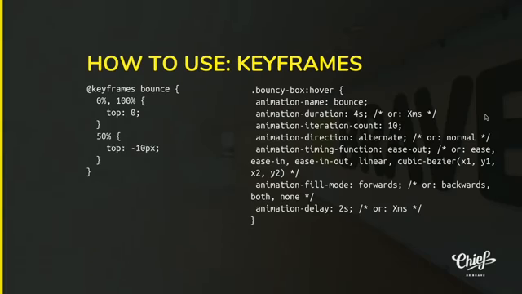The direction, I actually don't use that very often, but you could have it go in one direction and then reverse. And timing function is really helpful here as well. Because if you want to have something move across the page in JavaScript and have a little bit of personality to it, you might want it to follow a cubic Bezier curve.